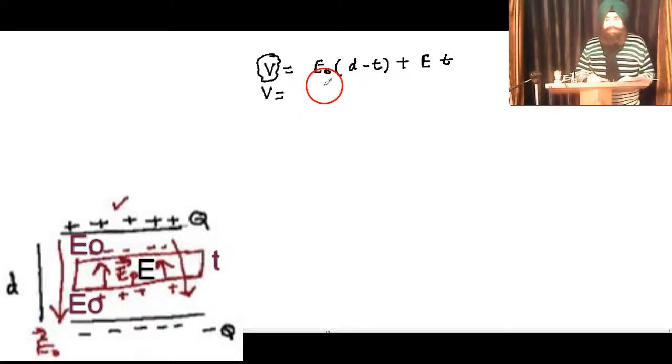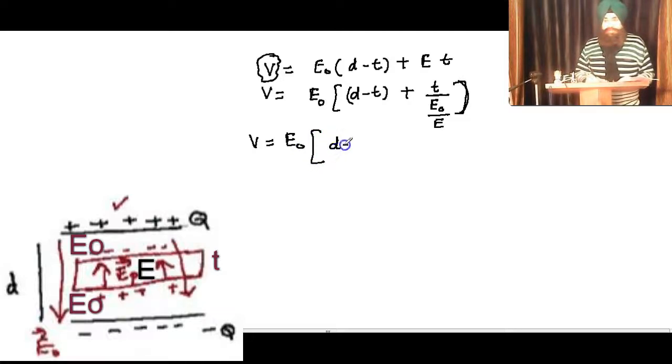Now E naught may be taken as common, so the potential becomes E naught into d minus t plus t upon K.